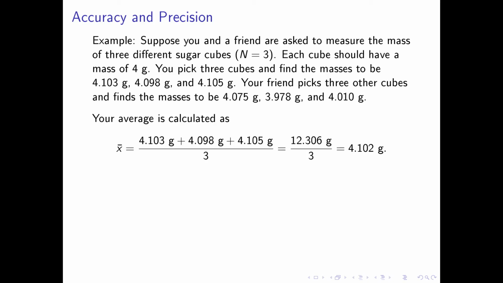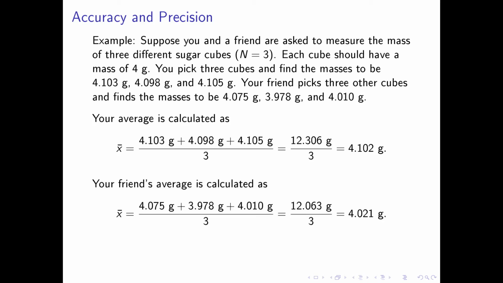First, we can calculate your average. This is just x bar is equal to the sum of 4.103 grams plus 4.098 grams plus 4.105 grams, all divided by 3, which is equal to 12.306 grams divided by 3, or 4.102 grams. Next, we can calculate your friend's average.